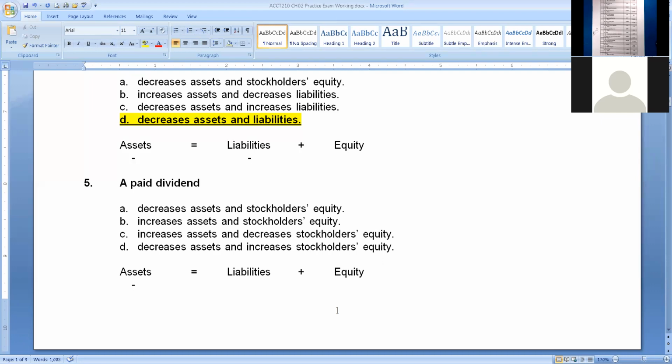And now, this is going to end up in the equity section because it's going to come out of retained earnings. Now, just to keep this thing in balance, forget about anything we know about the statement of retained earnings. To make this balanced, if the assets go down, what's going to happen to the equity?